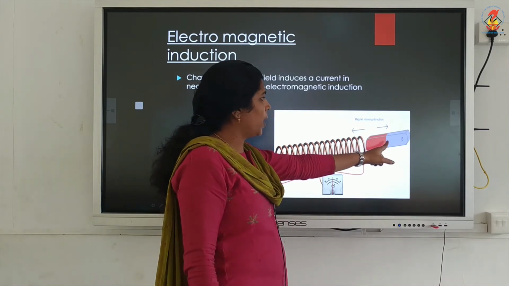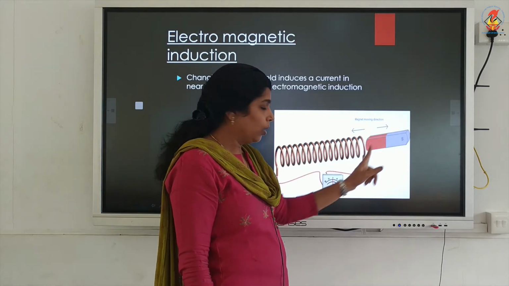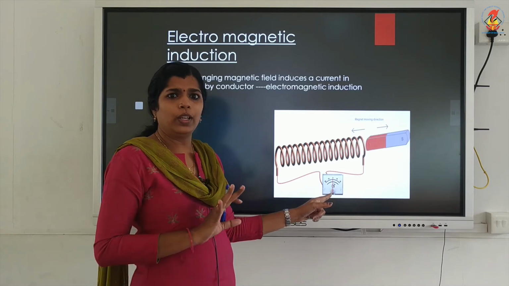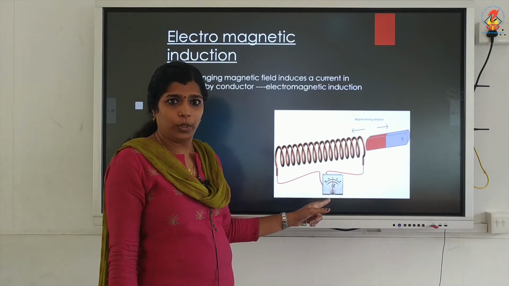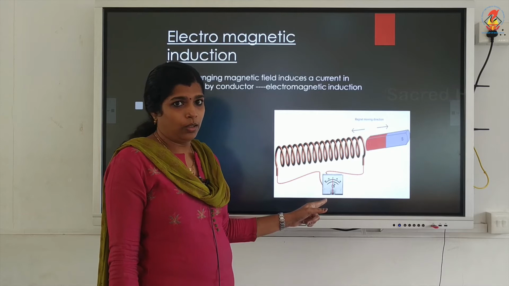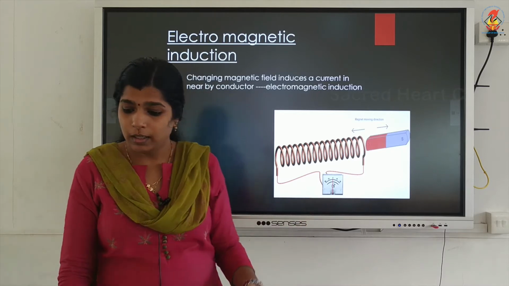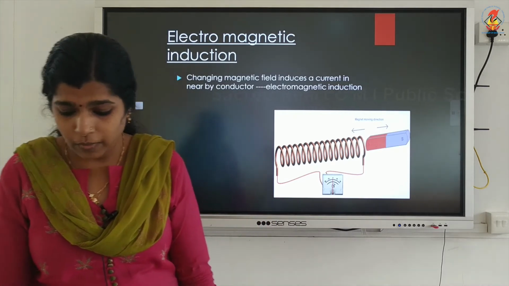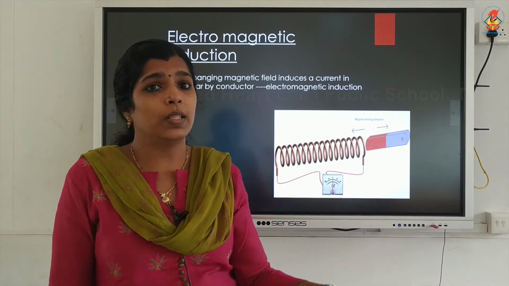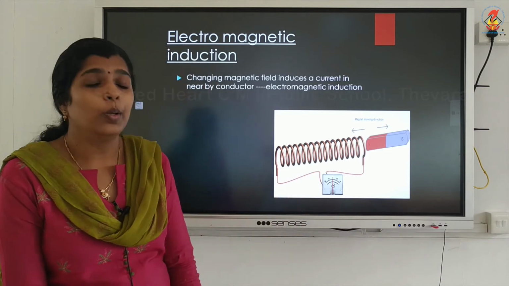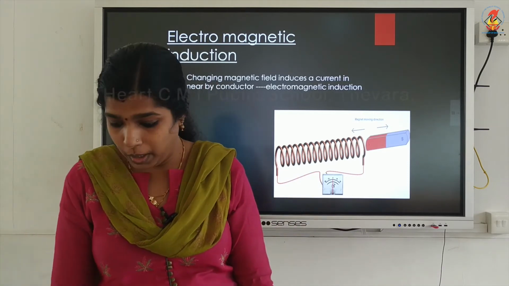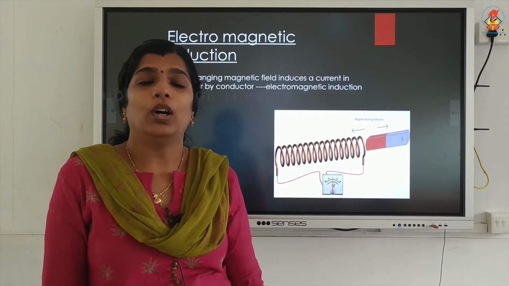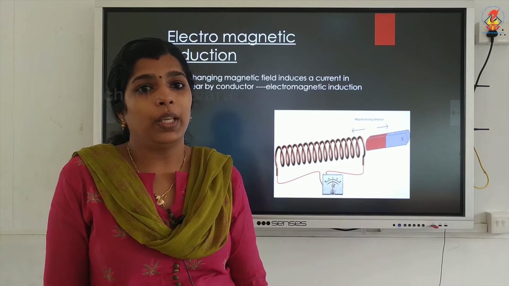So this magnet is not moving now. Can you see any deflection in the galvanometer? No deflection will be there in the galvanometer, because when a stationary magnet is placed near a coil which is connected to the galvanometer, no current will be induced in the coil and the pointer will be at 0.